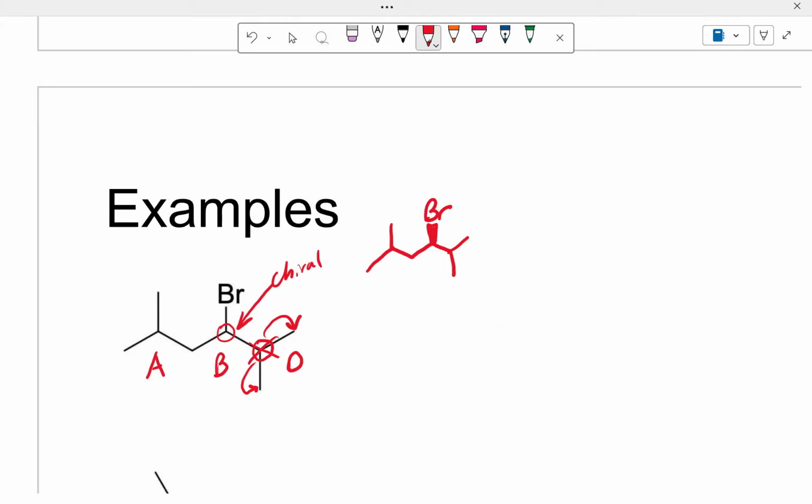The easiest way to draw an enantiomer, now you can try to draw its mirror image. So you can imagine there's a mirror here, and I'm going to try to draw it looking exactly like it's looking in a mirror, like that.